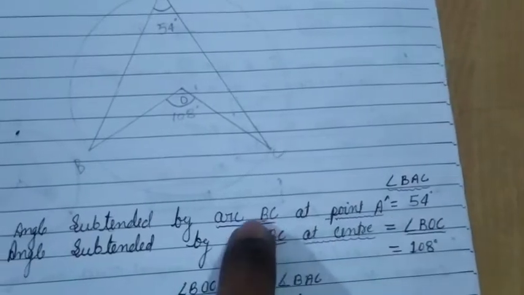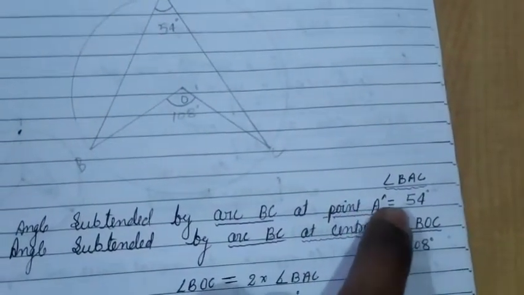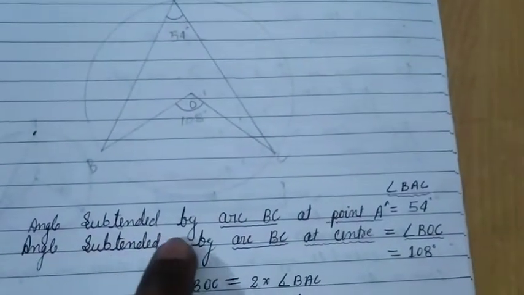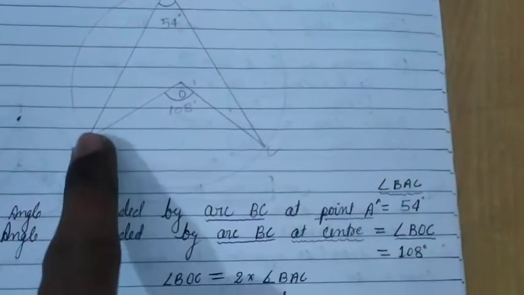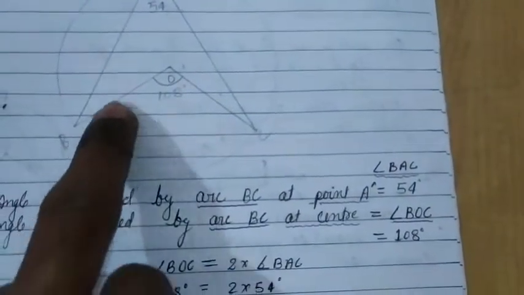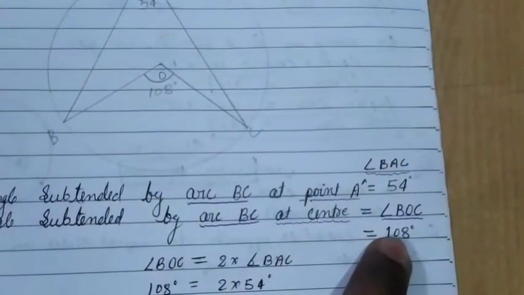I measured it using a protractor and found that angle BAC is 54 degrees, meaning the angle at a point on the circle is 54 degrees. And the angle subtended by that same arc BC at the center, angle BOC, is 108 degrees.